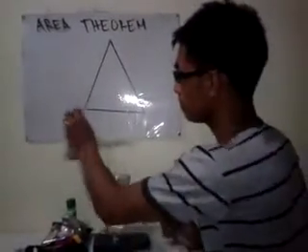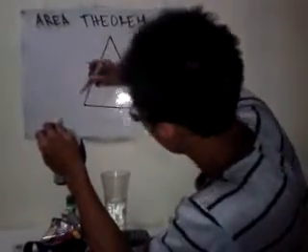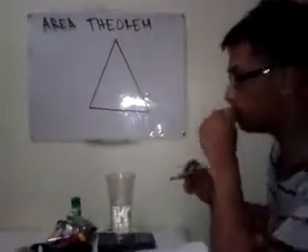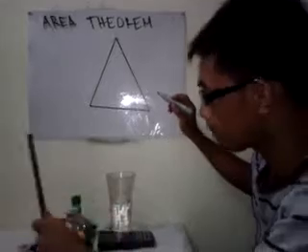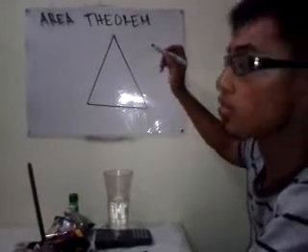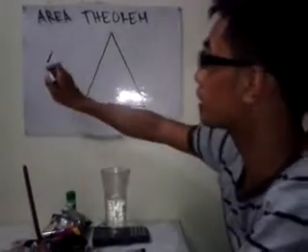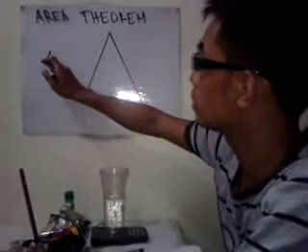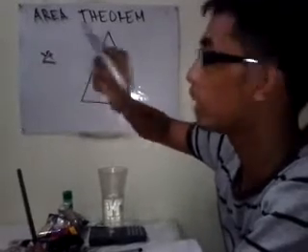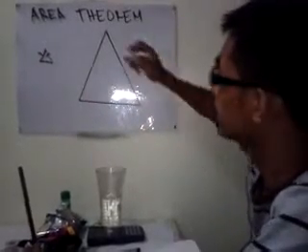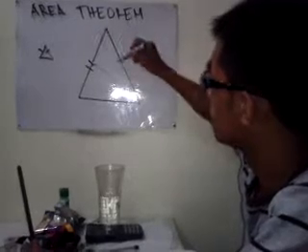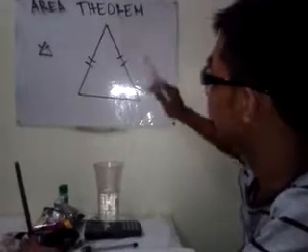Now, let's assume that this is an isosceles triangle. An isosceles triangle is a triangle that has two equal legs. Let's assume that both of these legs are equal.